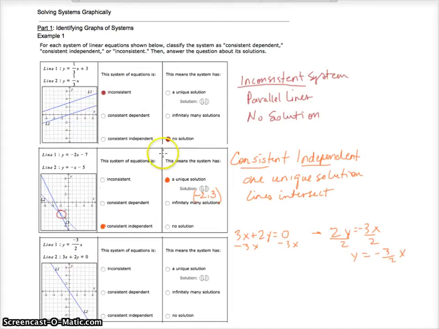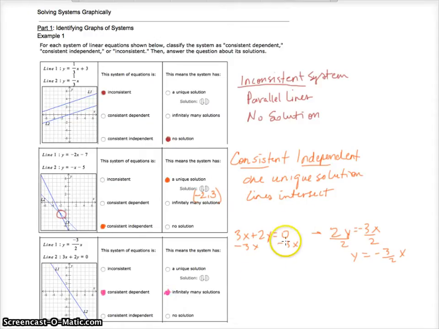Well, by process of elimination, this one is going to be consistent dependent. And that means that the lines are going to be the exact same. So when that happens, we have infinitely many solutions.